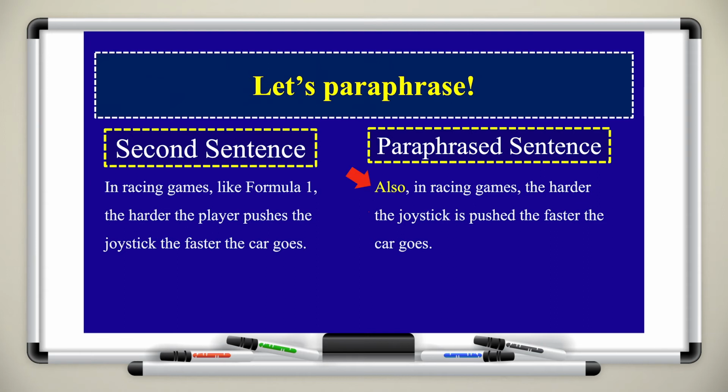So if you notice, first of all, it's highlighted in yellow. We use the word also as a sequence word or a connector to help us organize our ideas. Then what we did was we changed the original sentence from the active into the passive sentence, which is the harder the joystick is pushed, the faster the car goes.